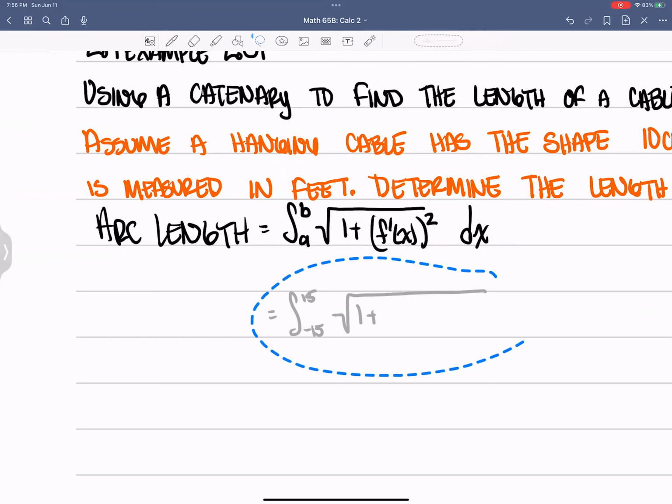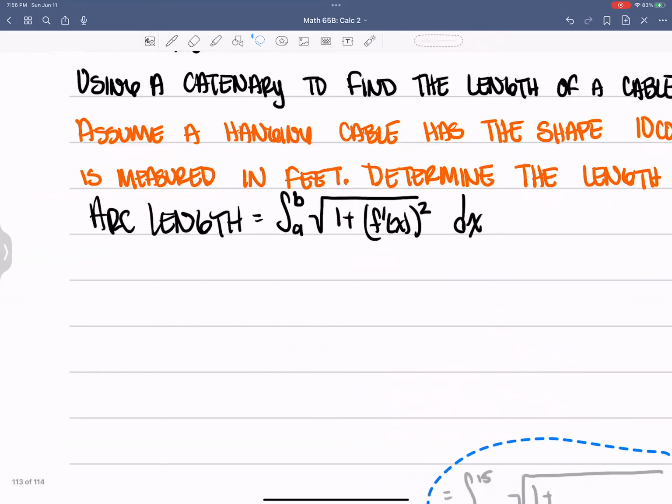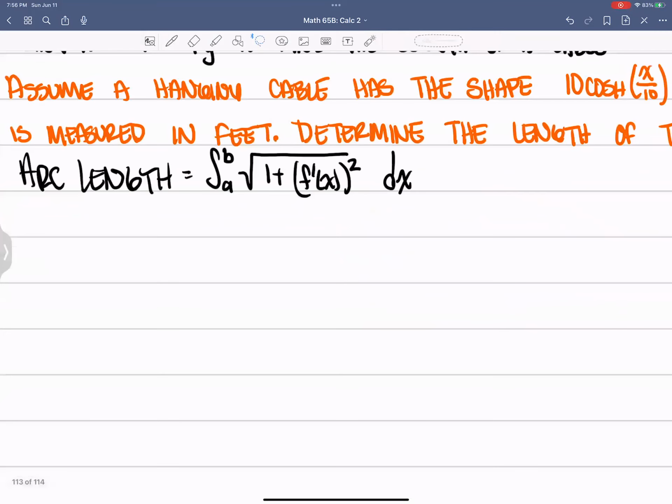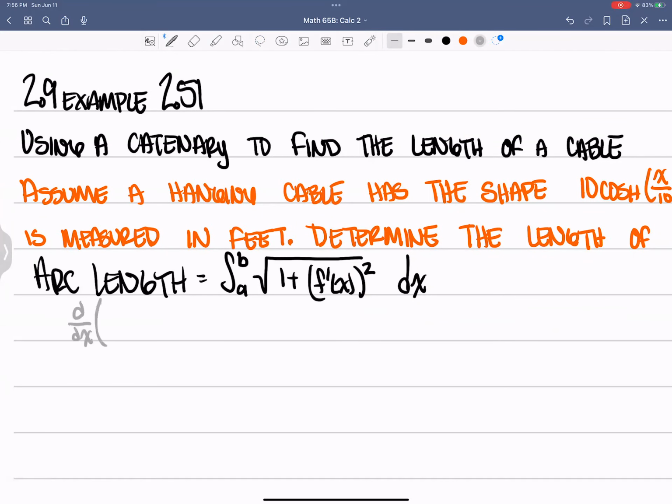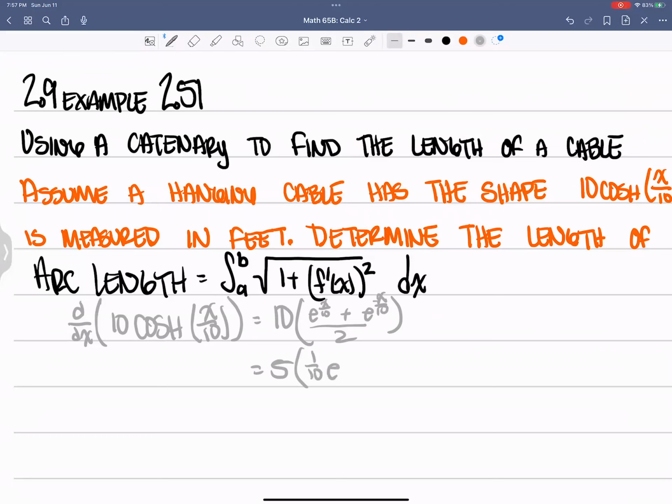The derivative of 10 hyperbolic cosine of x over 10: cosh is e to the x over 10 plus e to the negative x over 10, over 2. So we get 5 times 1 over 10 e to the x over 10 minus 1 over 10 e to the negative x over 10.